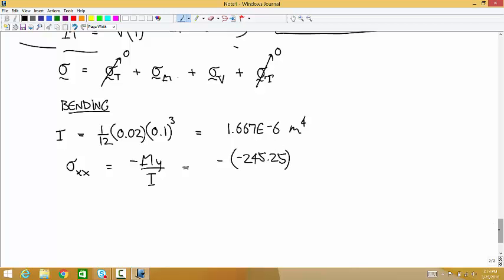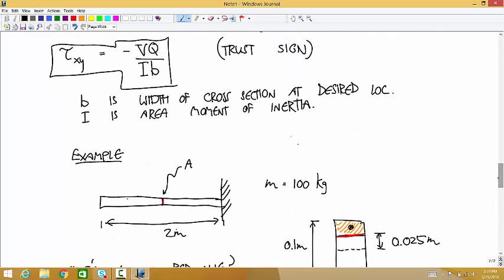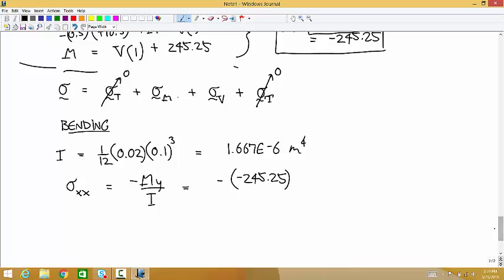What's Y for this? Yep, 0.025 is Y. That's different than that distance that we're going to use to calculate Q. And then divide by I, 1.6667 times 10 to the minus 6th.